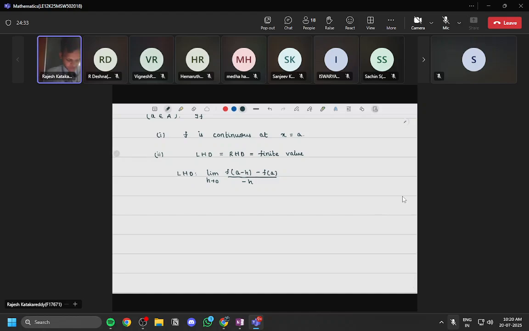We are using the first derivative principle. The same left hand derivative we can also write as limit x approaching a minus of f of x minus f of a divided by x minus a. In the same way, the right hand derivative will be equal to limit h approaches 0 of f of a plus h minus f of a divided by h.